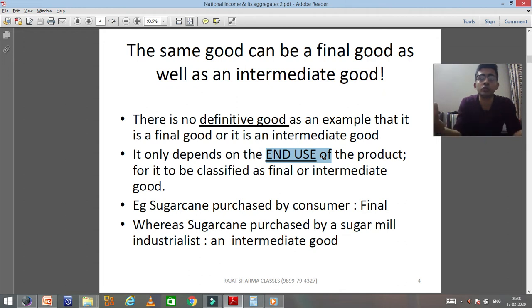If I purchase bread for consumption, bread becomes a final good. If we purchase bread and make bread pakoda out of it, and I sell bread pakoda, so now the bread becomes an intermediate good. If I'm further processing it, it is an intermediate good. I hope it is clear.